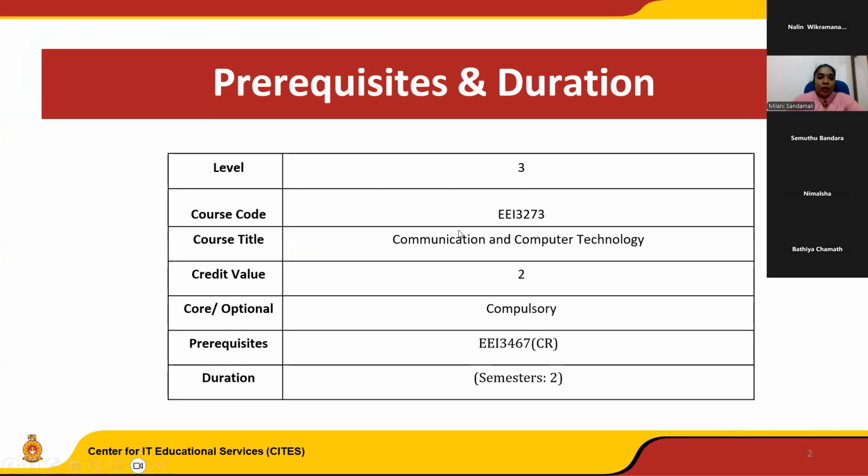Also, you can understand how we can recognize which level a course is in. If we refer to this code, you can see this is a level 3 course, and it has 2 credits.